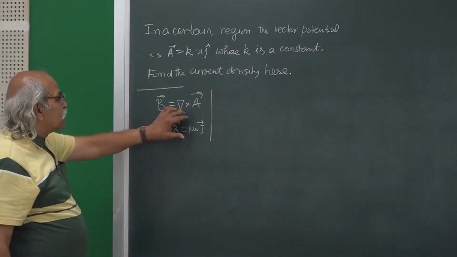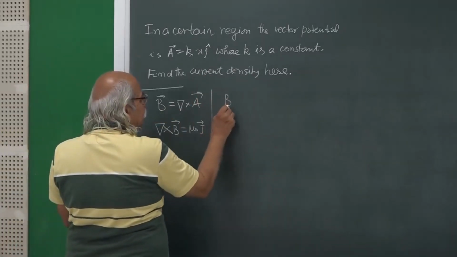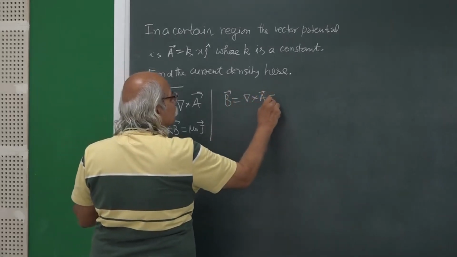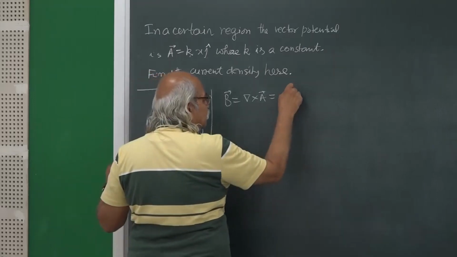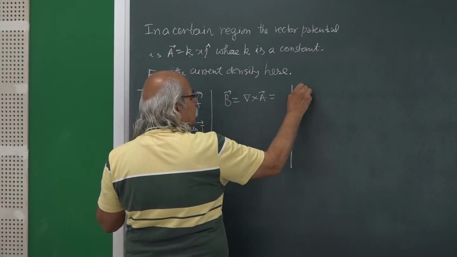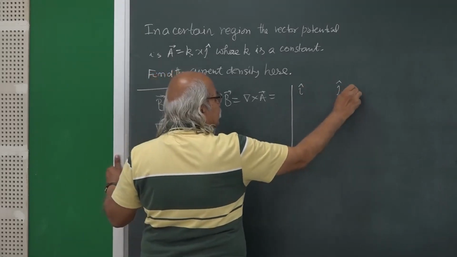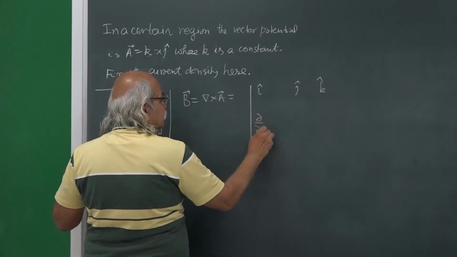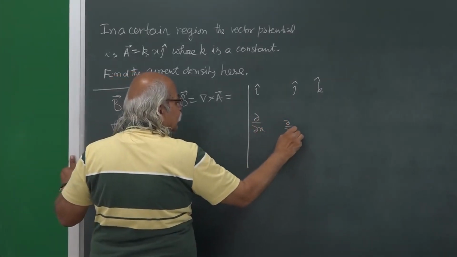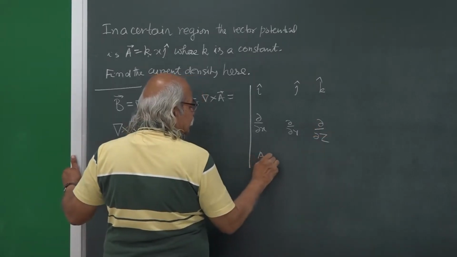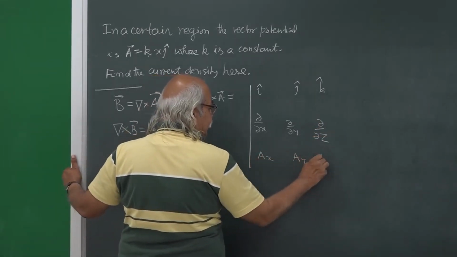So, simple, curl of A, B. First let us see what is B. B is curl of A, in Cartesian coordinates. So, you do not need to refer to the book or anywhere else. This is i cap, j cap, k cap, then del x, del y, and del z, and ax, ay and az.